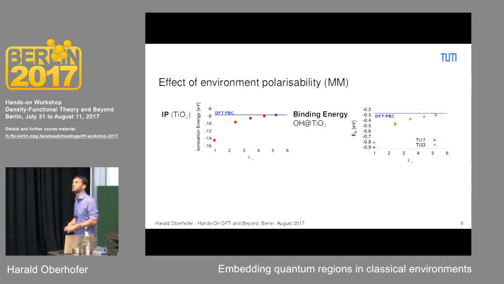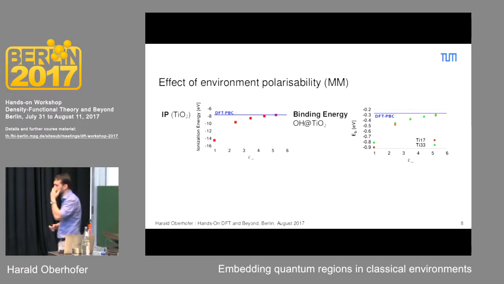That is just one example. There are obviously other examples which I can show you where the cluster size has more of an impact, but the important point is that although there is an impact, it changes by 100 meV, it is much more important to get the embedding right than to have a big cluster.